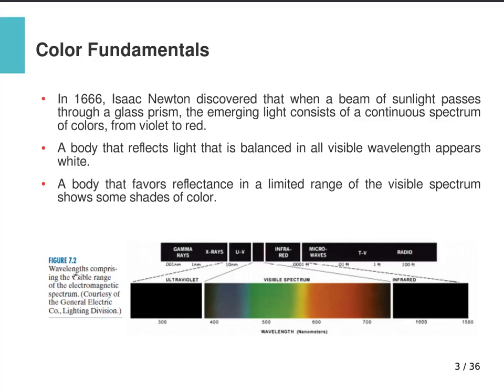So these are the ranges of wavelength that we have discussed in the beginning of the course as well. As you can see, the visible spectrum is a tiny portion of the full range of wavelengths that we can have.